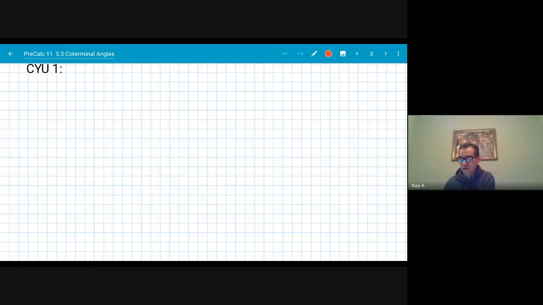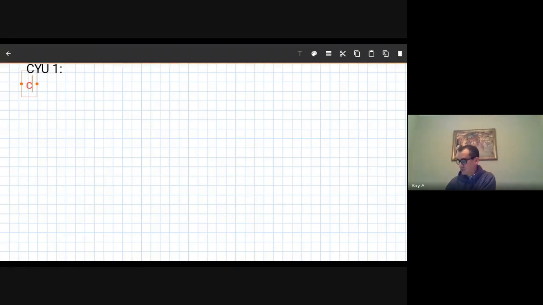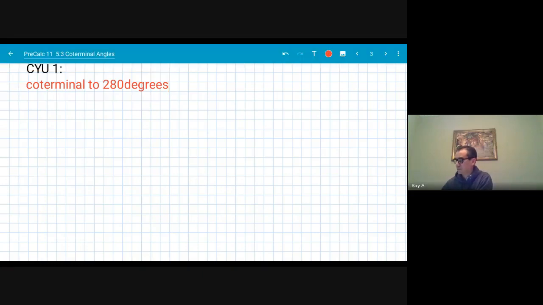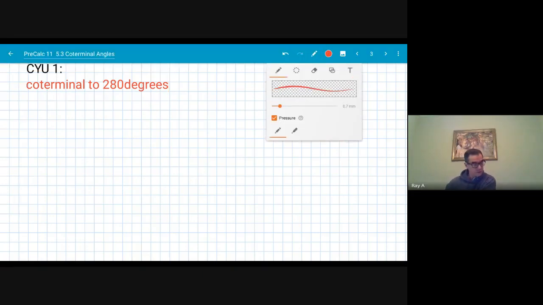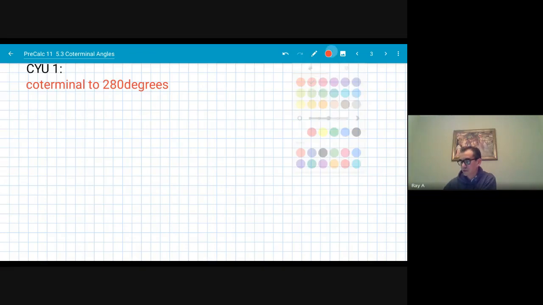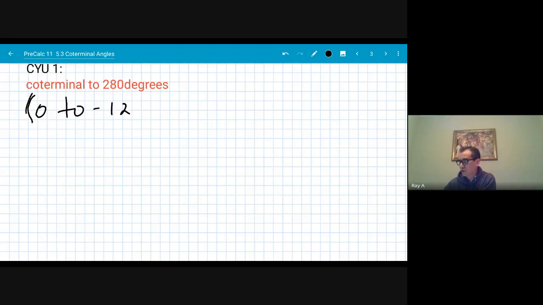So we have to find angles coterminal to 280 degrees, but from 0 to negative 1200 degrees.